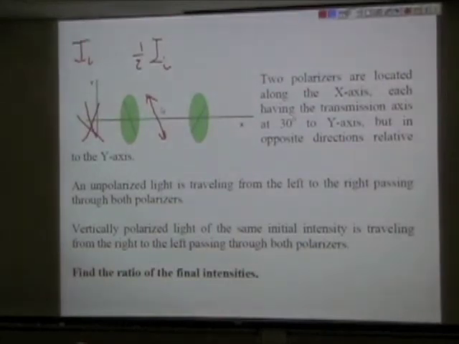So now this final intensity is supposed to be equal to the intensity of the light just before this polarizer, which is 1/2 of the initial, times cosine squared of what? Of the angle between the transmission axis and the direction of polarization. And what angle is it?